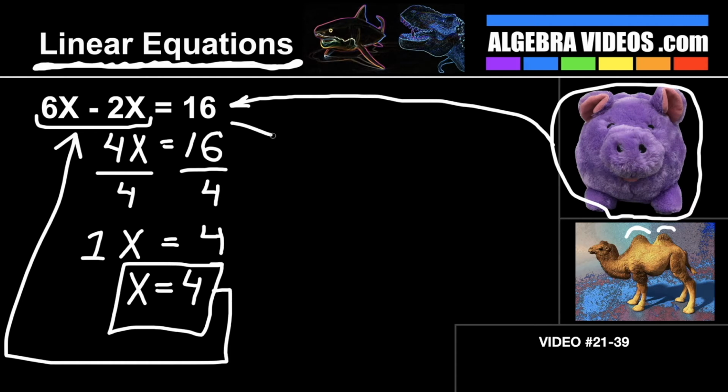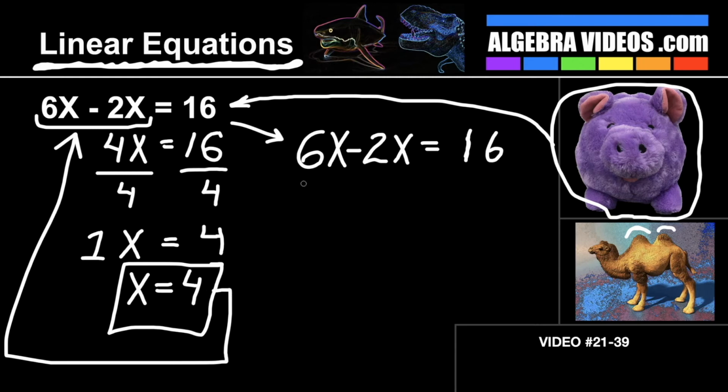So I'm going to rewrite our original problem over here. 6x minus 2x equals 16. And everywhere there's an x, I'll plug in our solution, which is 4.